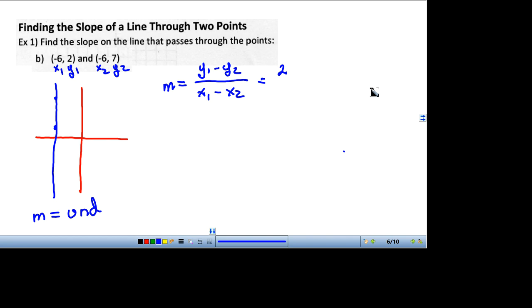So 2 minus 7, and that's all over negative 6 minus negative 6. So 2 minus 7, negative 5.